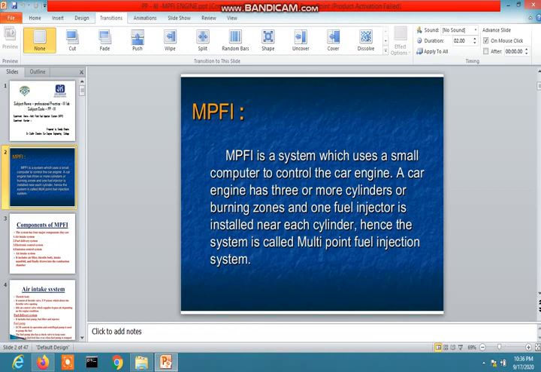So this system maintains the optimum ignition energy level for a good spark in both low and high speed of the engine. So here no CV point or distributor cap is needed.